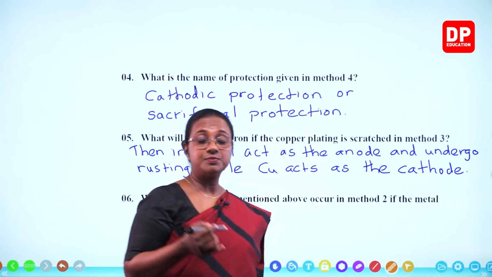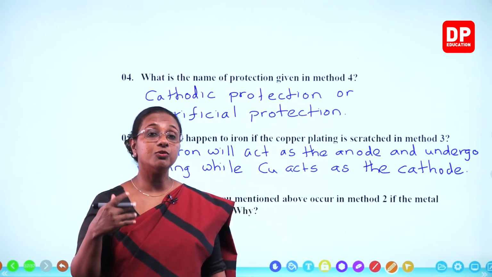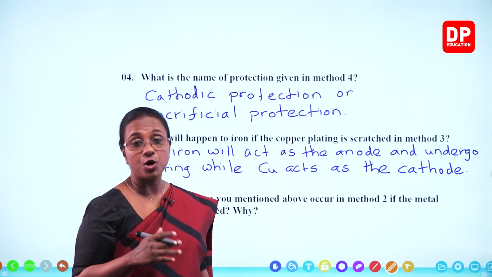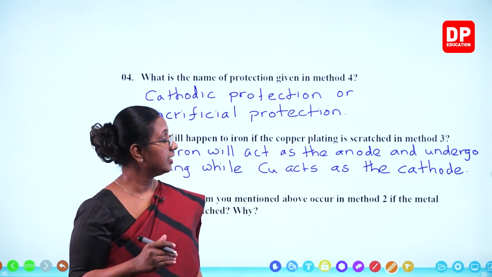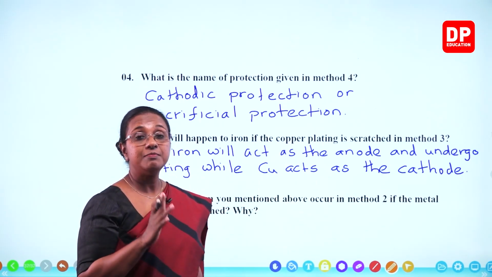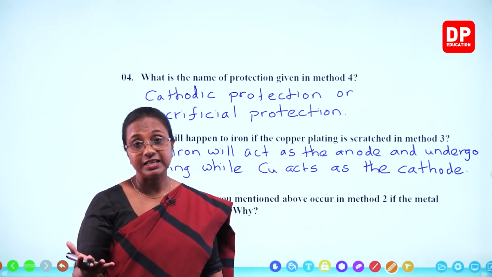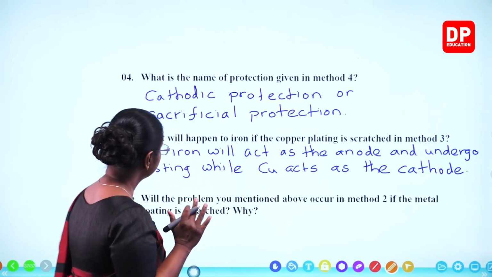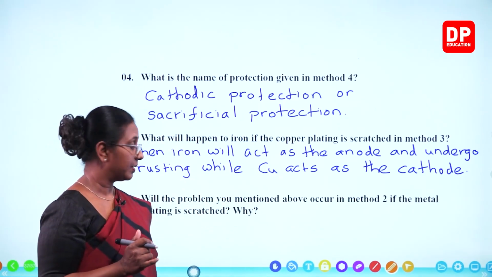So, here there is more chance that iron will undergo rusting even faster than normal because cathode is copper and iron becomes the anode. So, the rate can be accelerated. So, that is something you all have to remember.